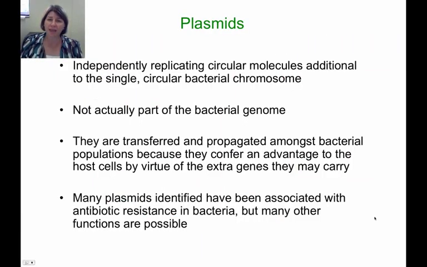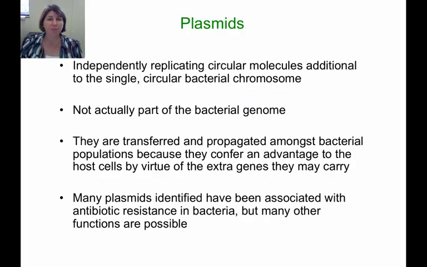So in that example, we showed putting a piece of DNA into a plasmid. So what is a plasmid? Plasmids are independently replicating circular molecules, which are found commonly in bacteria. Now, they're not part of the chromosome of bacteria and not really part of the genome. They can move around independently between bacteria, and they often encode genes which are very important to the bacteria.